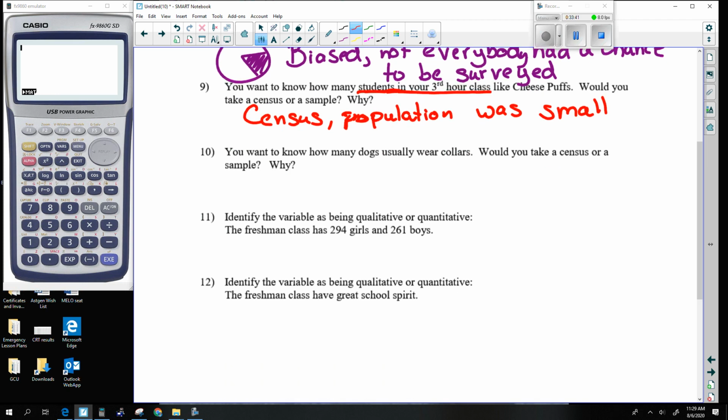You want to know how many dogs usually wear collars? Population, dogs in general. There's a lot of dogs in this universe. Census or sample?